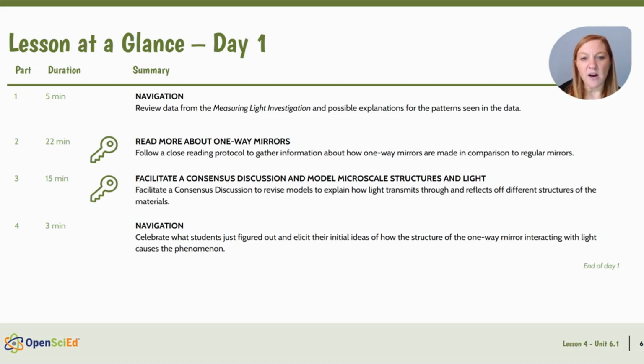And then we are going to follow a closed reading protocol about one-way mirrors and how they are constructed so that we can figure out how they compare to regular mirrors and glass. And then we will facilitate a consensus discussion, and we're going to model, like at a microscopic level, the structures that are in each of these materials, glass, mirrors, and the one-way mirror material.